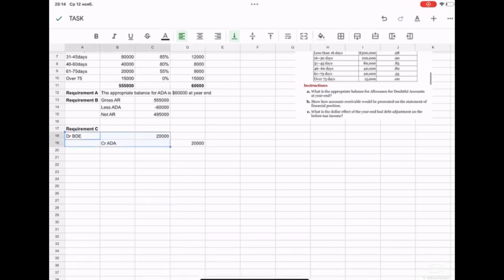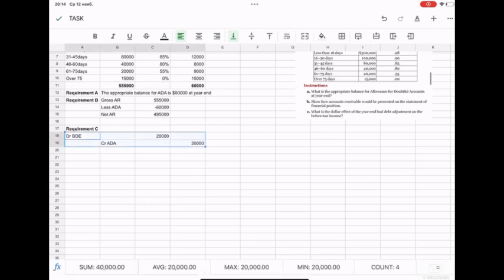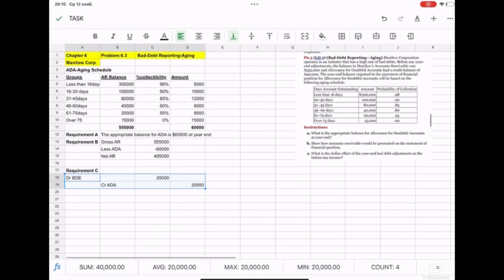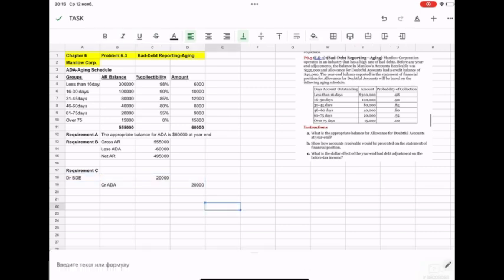After this adjustment, we can show accounts receivable in the statement of financial position. So gross account receivable 555,000, less allowance for doubtful accounts, and here we had the 495,000. Okay, it was problem 6.3 on Manila Corporation, and I had prepared the entries for all three requirements.